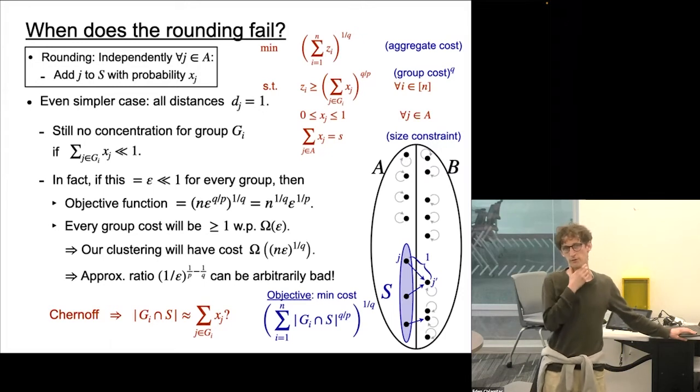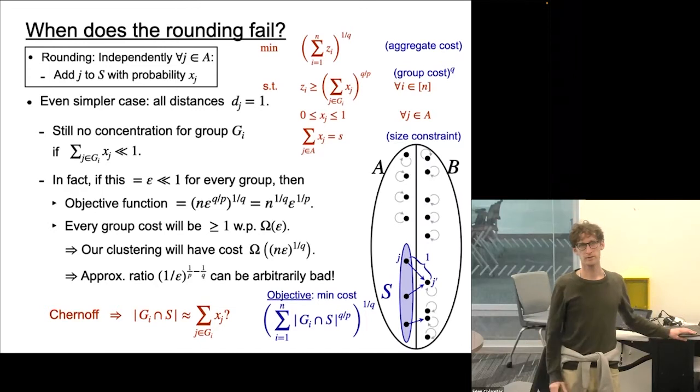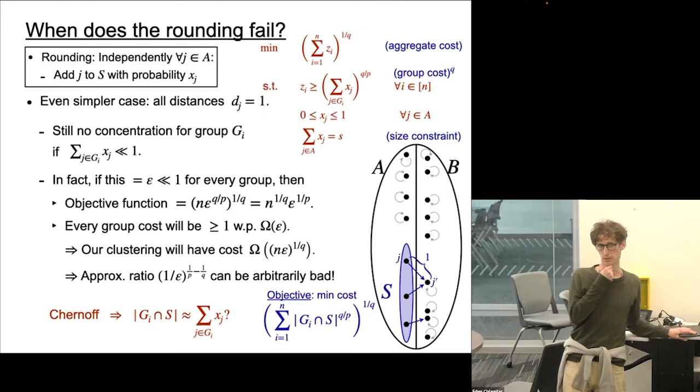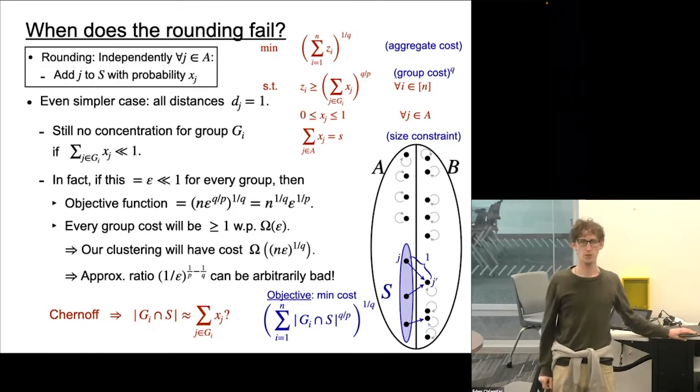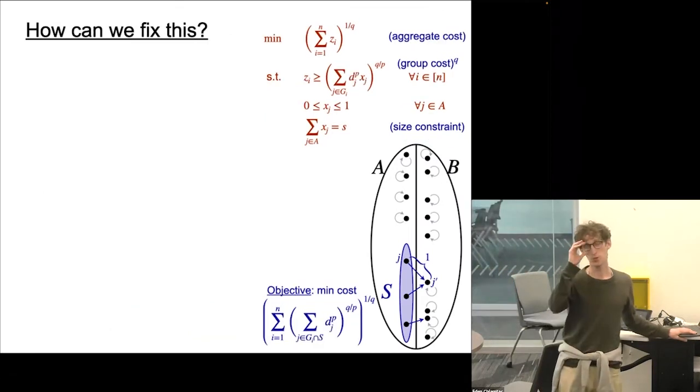Because you won't have concentration, you have these very low probability events, and then you have this big gap between what the rounding does and what the convex program claims you should be getting. And so for arbitrarily small epsilon, this will be unboundedly bad. Okay, so how do we fix this problem?